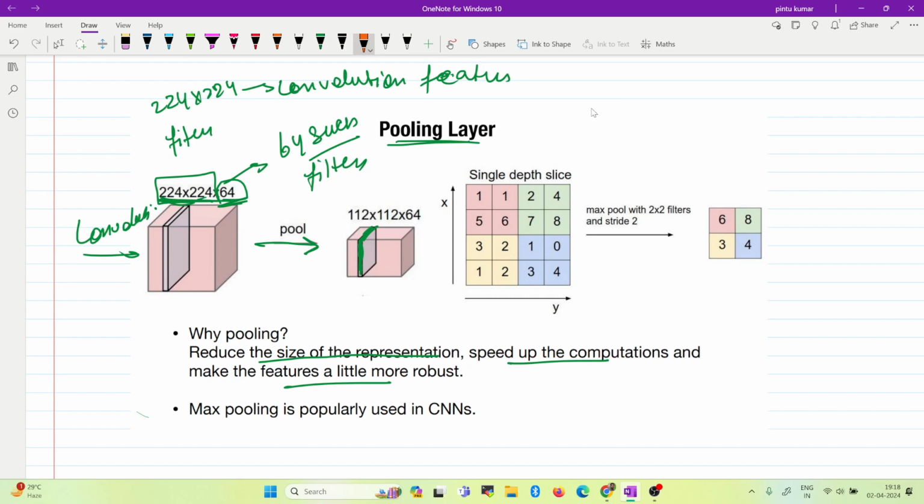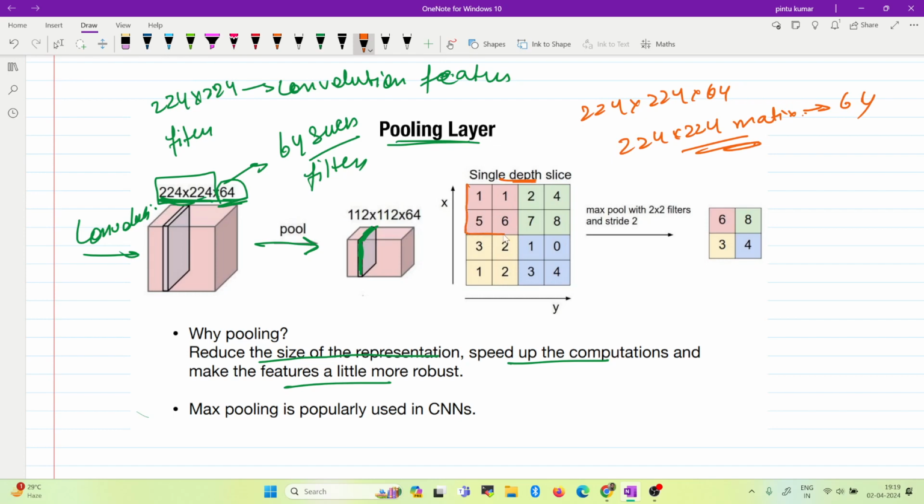So from this 224 cross 224 cross 64 tensor, you will just pick one 224 cross 224 matrix. You will do this for every one of the 64, so you will obtain 64 such matrices. This is a single depth slice.